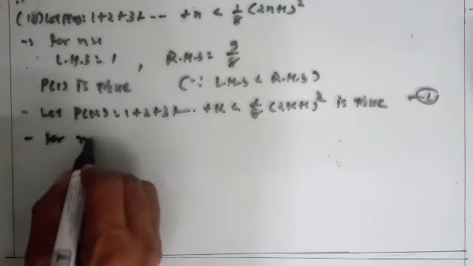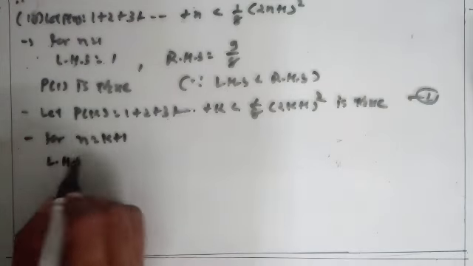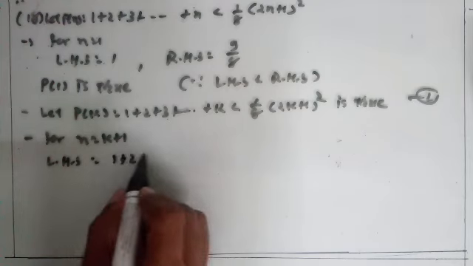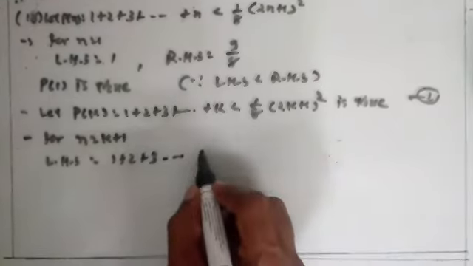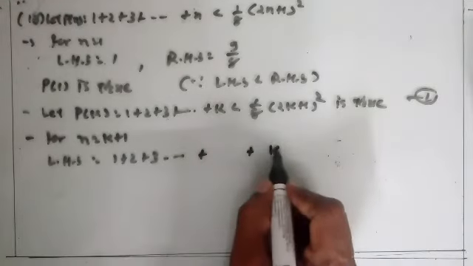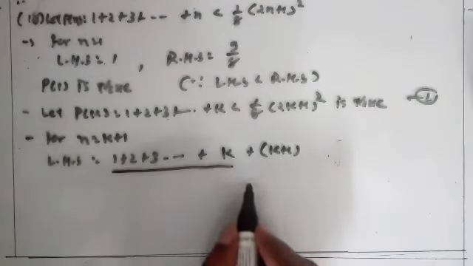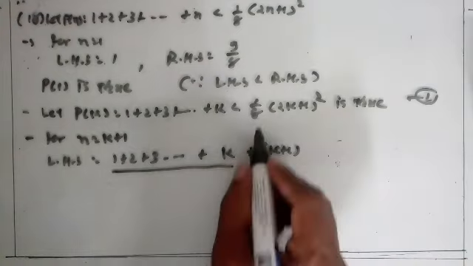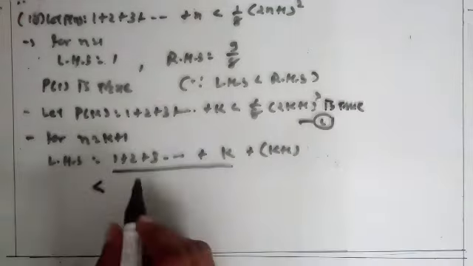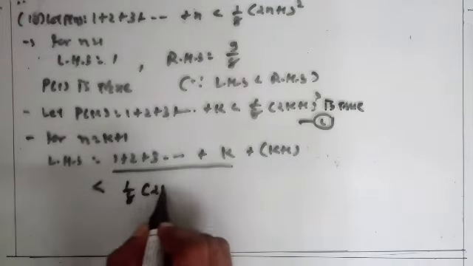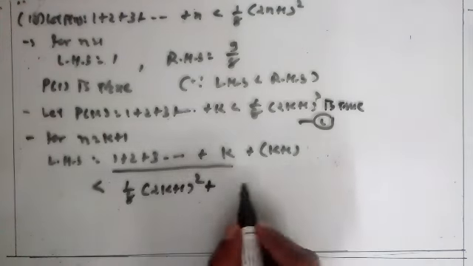For n = k + 1, LHS is equal to 1 + 2 + 3 up to the last term, which is k + 1, its previous term is k. Now we know the sum from 1 to k is less than (1/8)(2k+1)², plus the last term, which becomes k + 1.